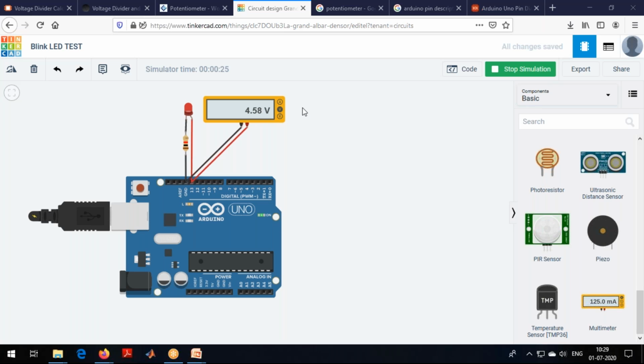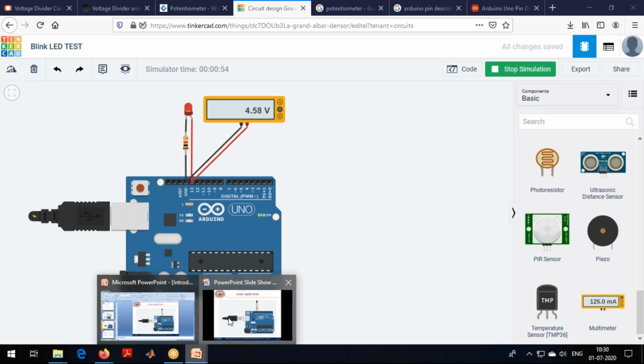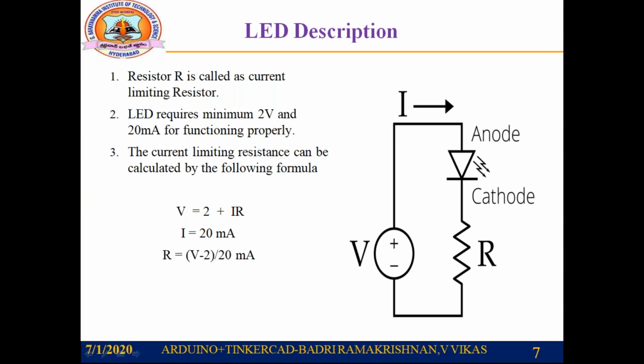I hope you remember the LED requires 2 volts and a maximum current of 20 milliamps. With that, we can calculate what resistance we have to use, right? Can you try? If you are not aware of the formula, you can use this.